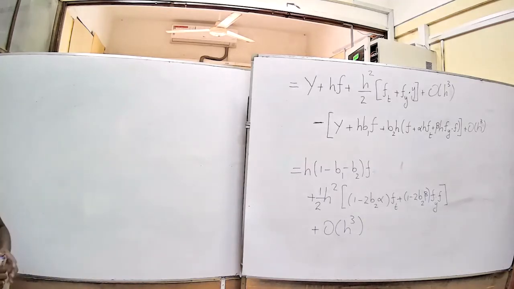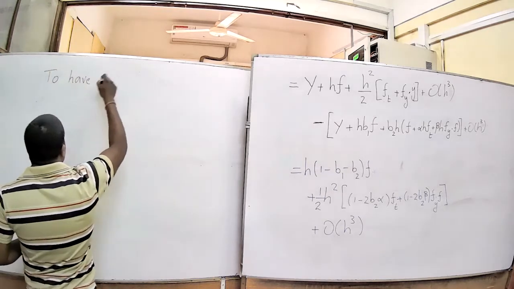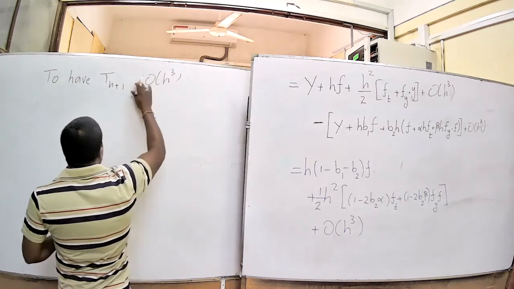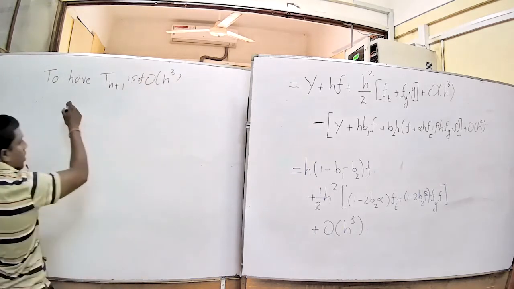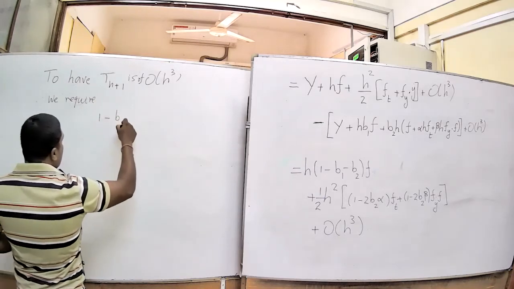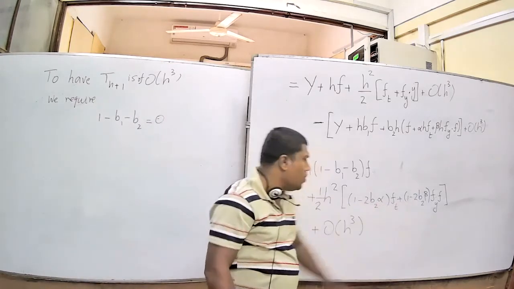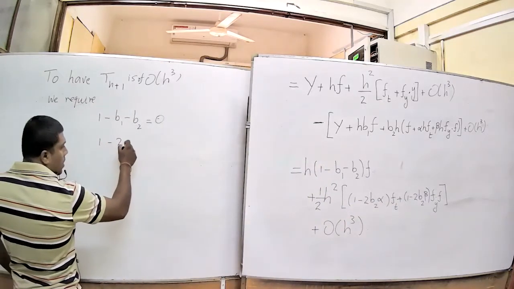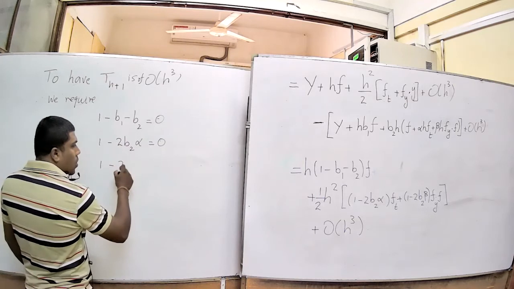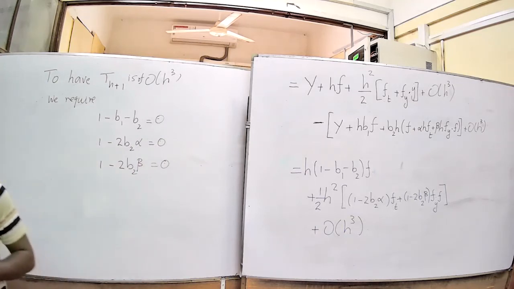Okay, so 1 minus b1 minus b2 must be 0. For this whole thing should be 0, so this should be 0 and this should be 0. And so 1 minus 2 b2 alpha should be 0, and 1 minus 2 b2 beta should be 0. Right, so you have all three conditions.